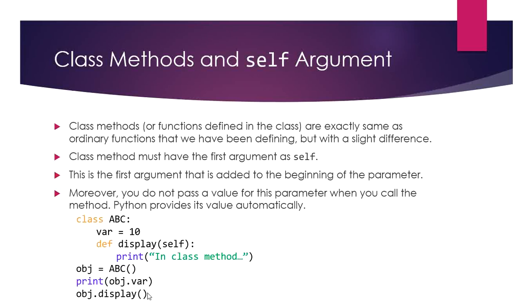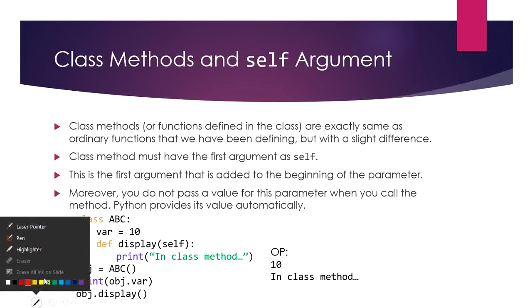The initialization of self takes place when a method is called from a class. Is that clear? Now the output will be: first we print obj.var, which prints 10, and then we call the display method from the class.